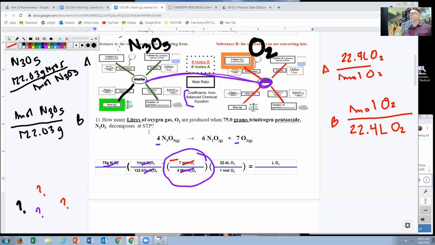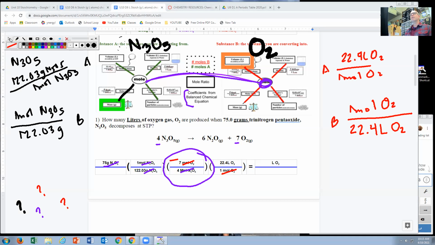Because we talked before that it has to be at standard temperature and pressure in order to use this number 22.4, right? So how are we going to solve this problem? Well, we can see that the moles of oxygen is canceled out, leaving us with only liters of oxygen, which is exactly what we wanted.